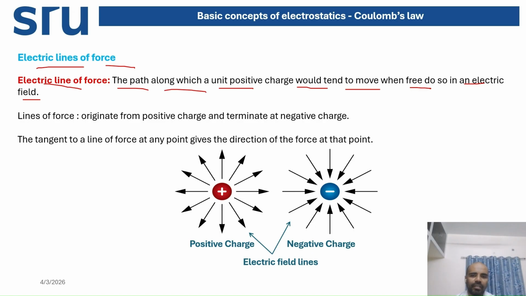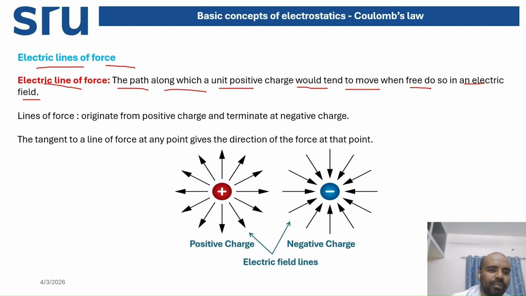So if a point charge is free and it is allowed to move in an electric field, then it will follow a path. So this path along which a unit positive charge will move if it is free in an electric field is known as an electrical line of force, right?